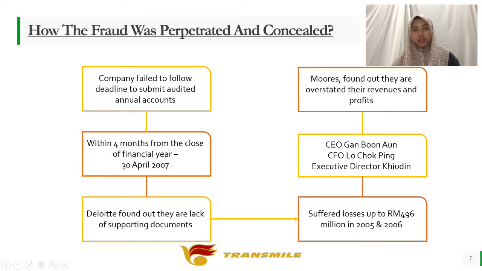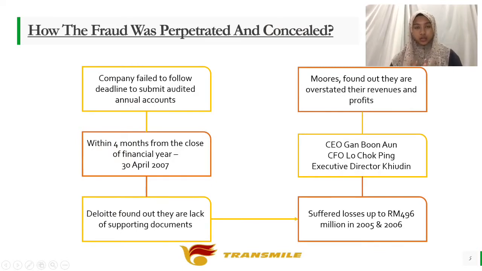So Moore Stephens found that the company had suffered losses of up to RM 496 million in 2005 and 2006, and they also suffered losses of RM 126.3 million, instead of what they reported, a profit of RM 157.5 million.